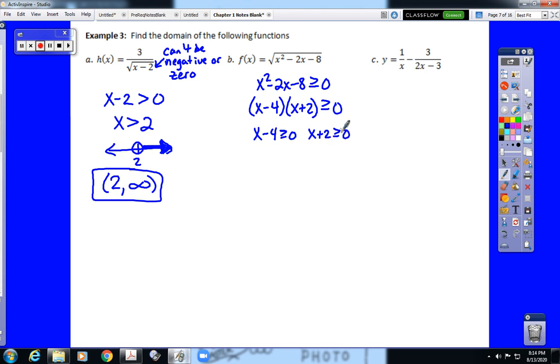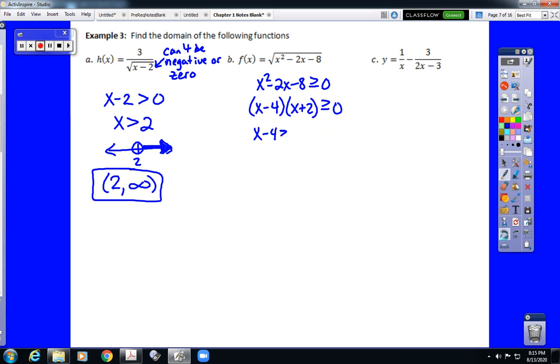Okay, we've got this thing to deal with. The zero factor theorem tells us where the zeros are. Okay, we should realize that the zeros of this function are the solutions of these two equations, x minus 4 equals 0, x plus 2 equals 0, which means that this function crosses at points 4 and negative 2.